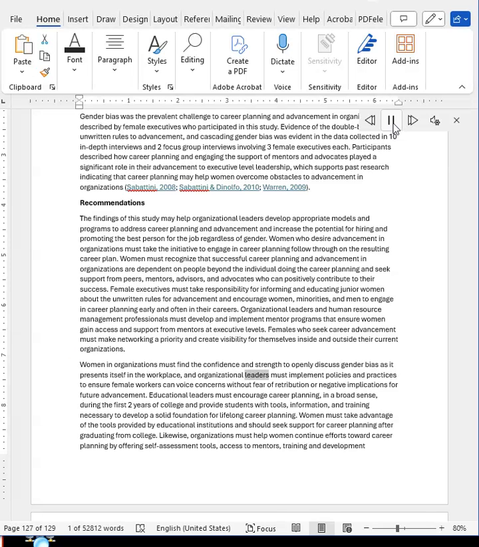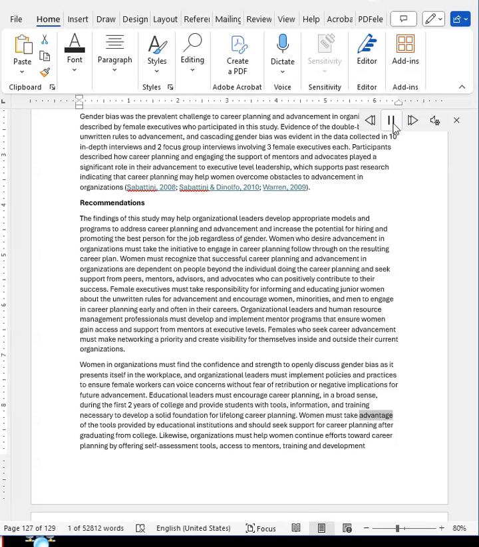And organizational leaders must implement policies and practices to ensure female workers can voice concerns without fear of retribution or negative implications for future advancement. Educational leaders must encourage career planning in a broad sense during the first 2 years of college and provide students with tools, information, and training necessary to develop a solid foundation for lifelong career planning.